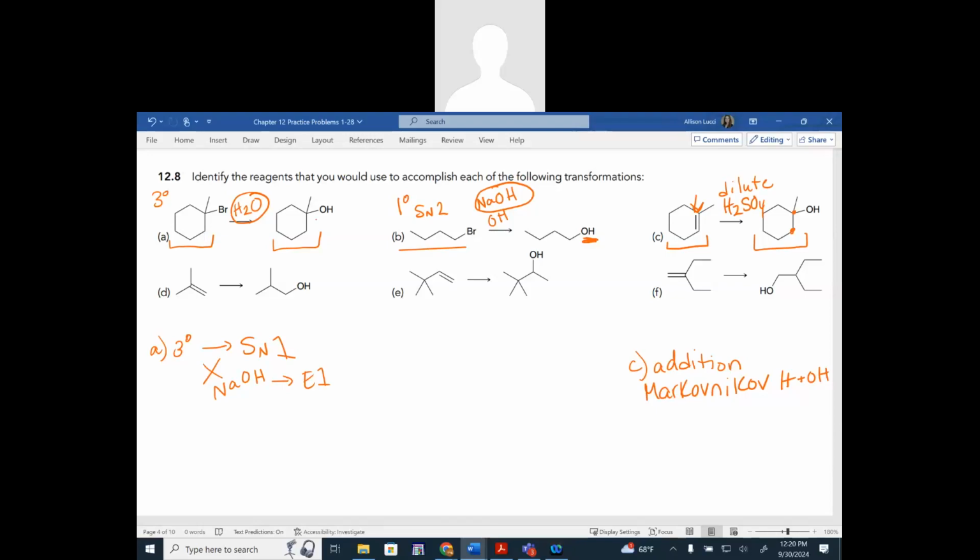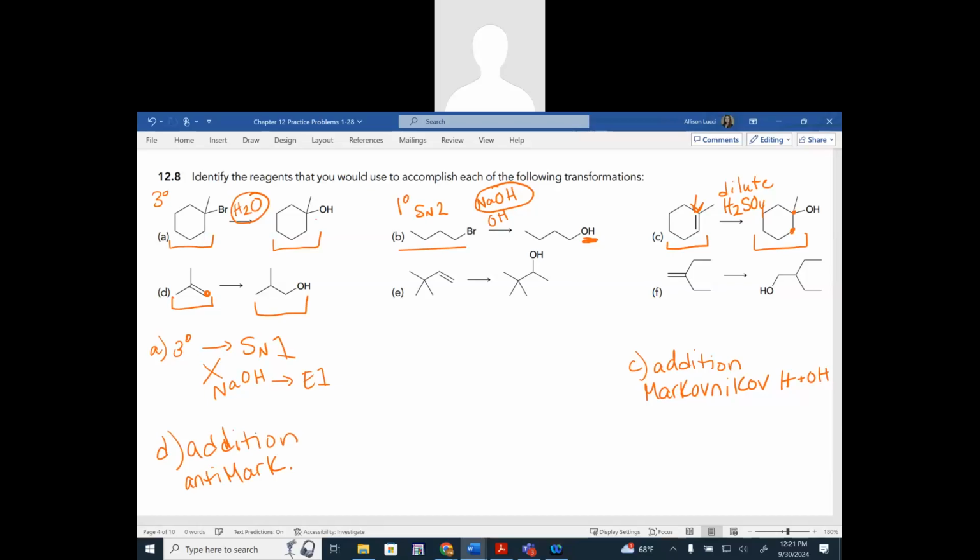So in part D, again, we have an alkene and our product is an alcohol, but now we have installed the OH at the least highly substituted position. So we know, again, we need addition to form our alcohol product, but we need an anti-Markovnikov addition.